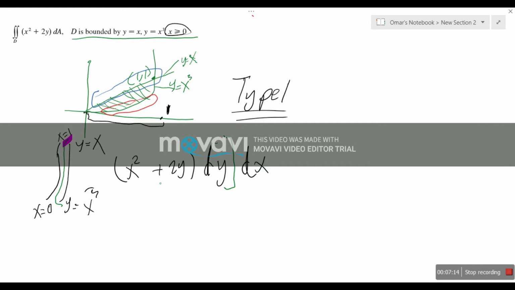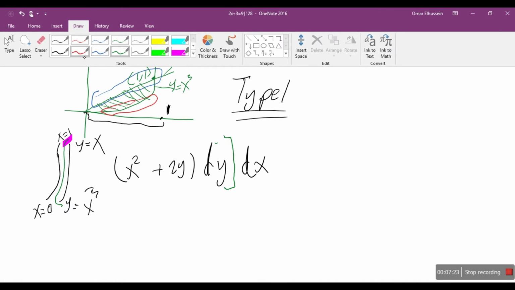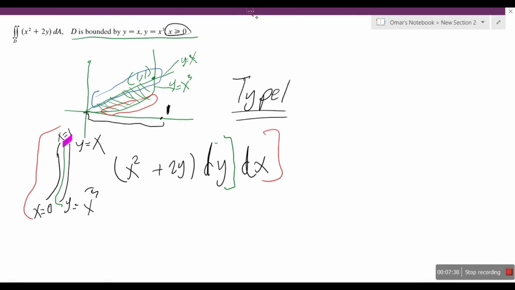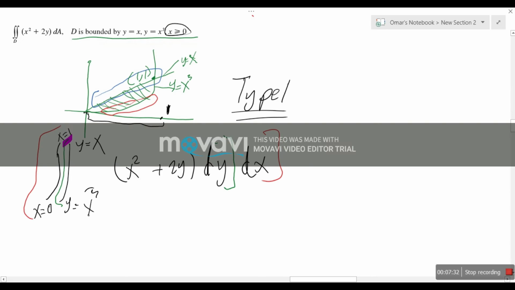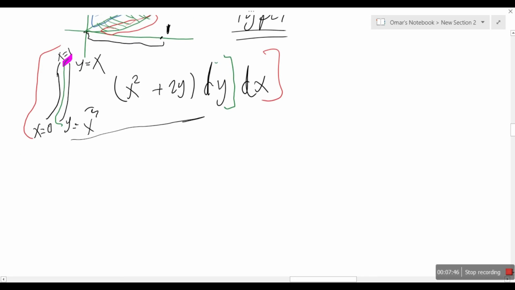So we have to evaluate that integral first, and then we do this one, after we get the value of this thing over here. Okay, let us solve it and see how things will go.